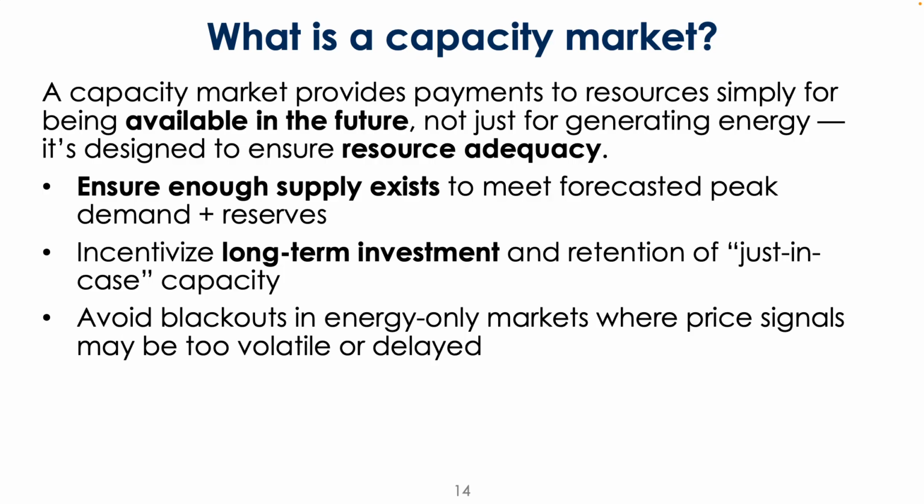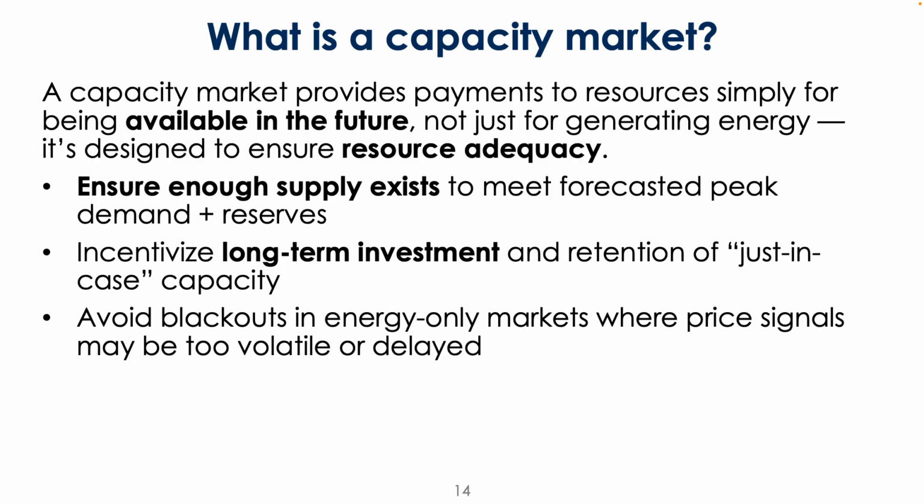Now, I want to say resource adequacy is here being used as a generalized term, that just means you have enough of that resource. In California, resource adequacy can actually refer to a specific mechanism that provides that. So I'm going to distinguish that by calling it administrative resource adequacy, and this is just our general catch-all term for having enough stuff.